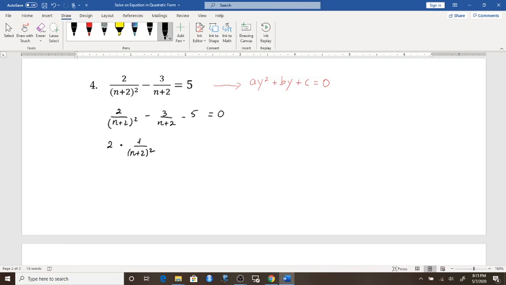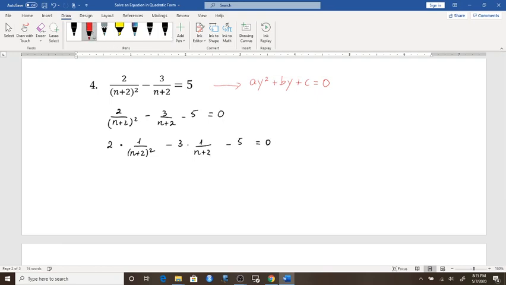It's the same thing, right? Instead of writing -3 divided by n plus 2, we can rewrite this as -3 times 1 over n plus 2, and then this -5 is by itself equal to 0.